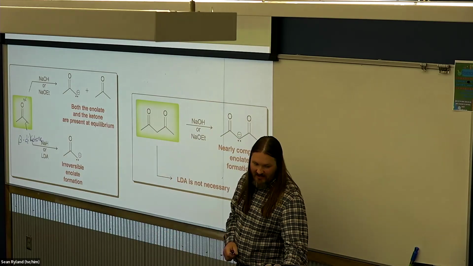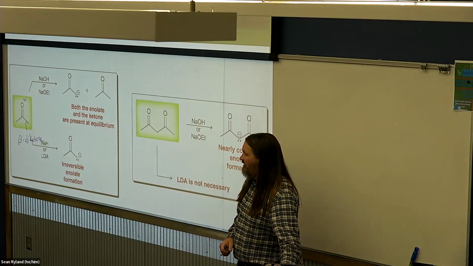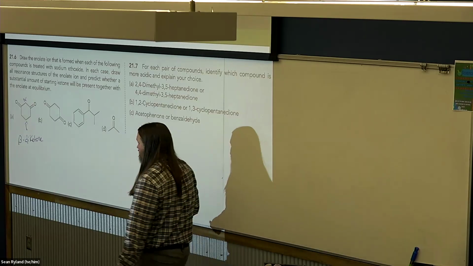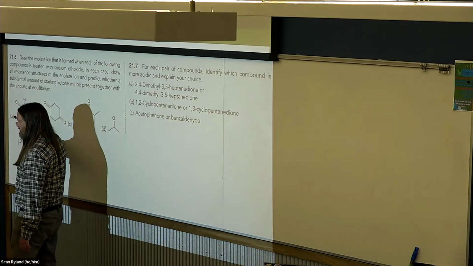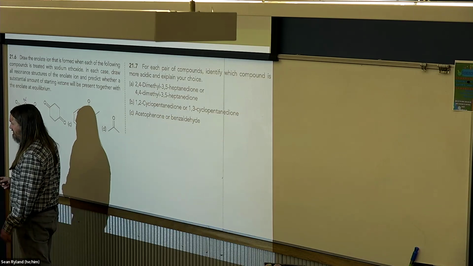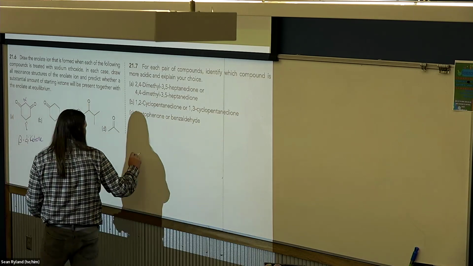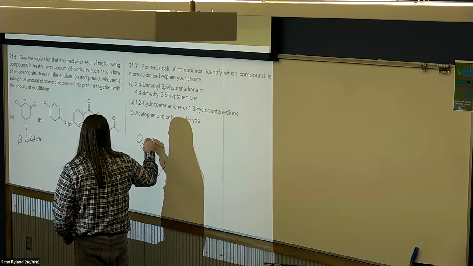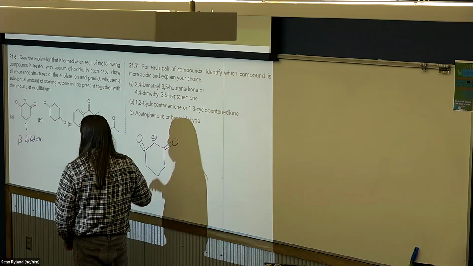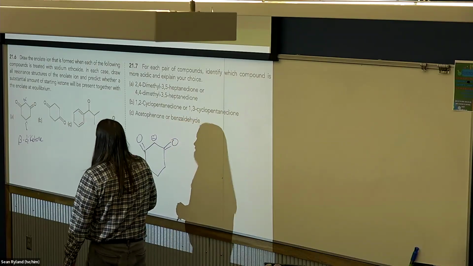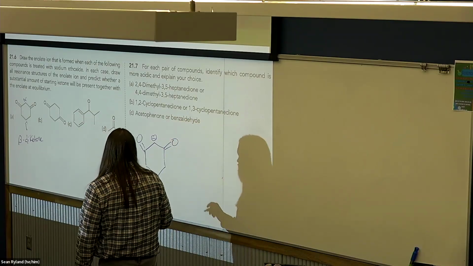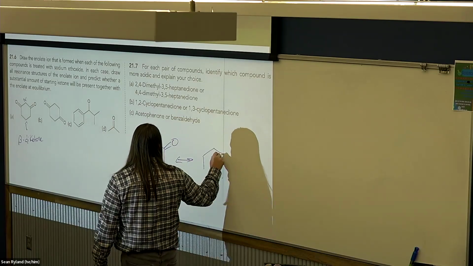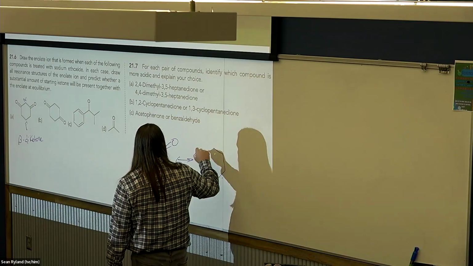So if it's a beta diketone or heavily resonance stabilized, well, it is heavily stabilized, so this one you're only going to have the enolate resonance. But it's symmetrical.